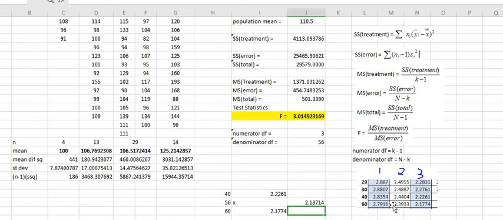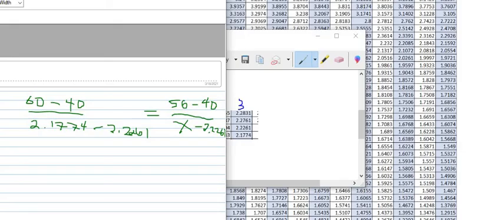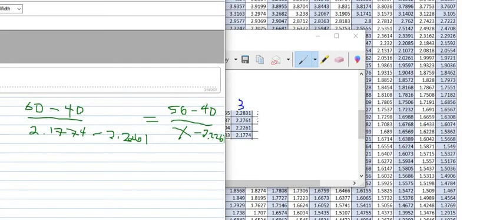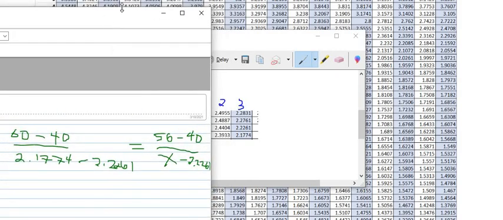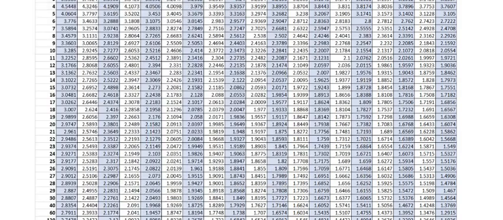Statistics. Check ko lang sa book kung anong nakuha nila sa critical value. 2.75. May error ako nito. Check ko lang tong ano natin. Ay, sayang naman. Mali pala ang gamit ko na alpha.